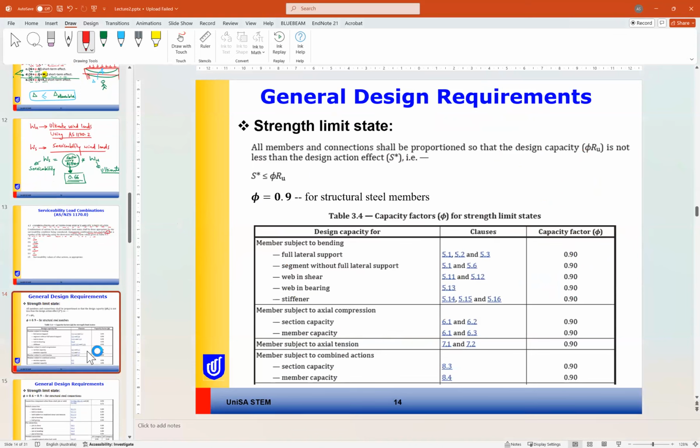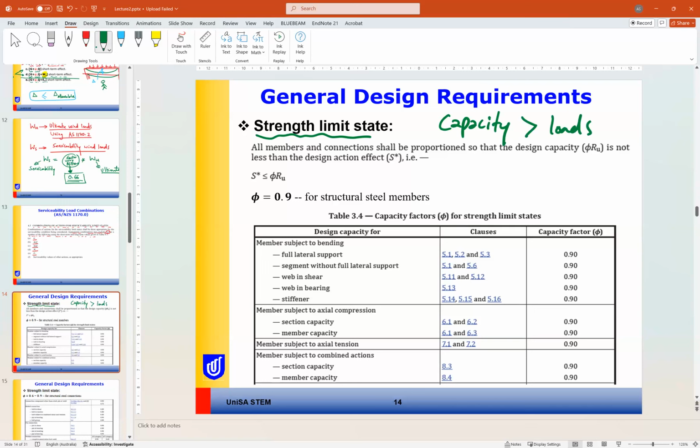After we know the requirement for the load combination, the next is the design concept or the design criteria for strength limit states. Again, as we mentioned, to achieve the strength limit state requirement, we need to have the capacity of the member more than the applied loads.